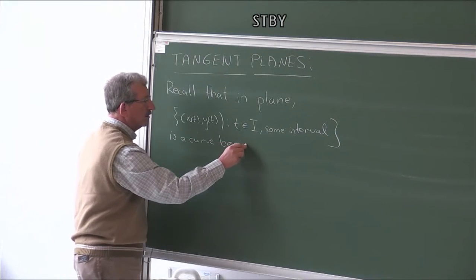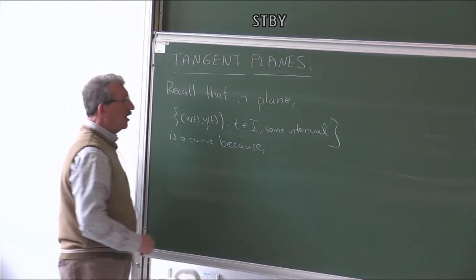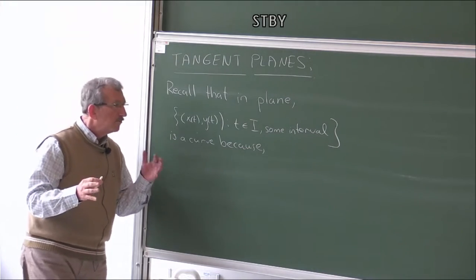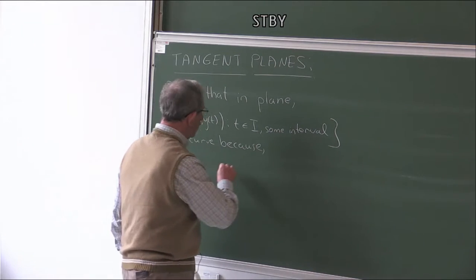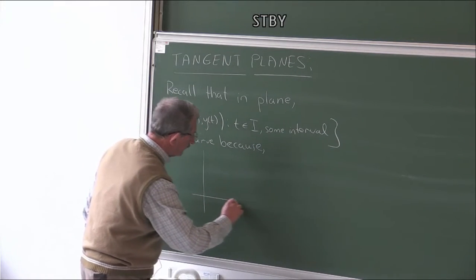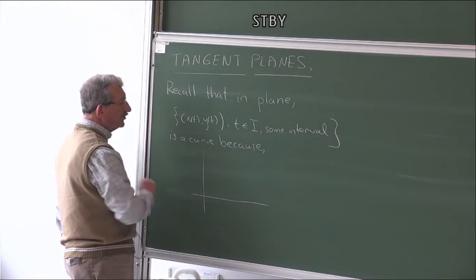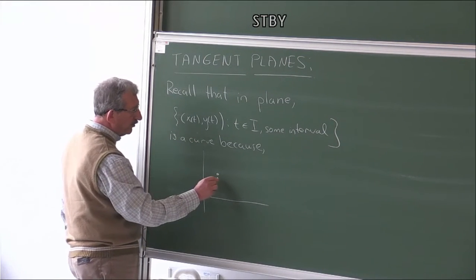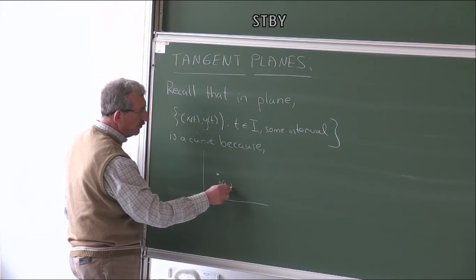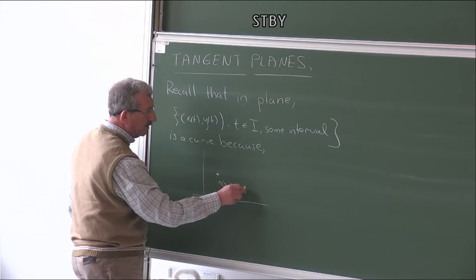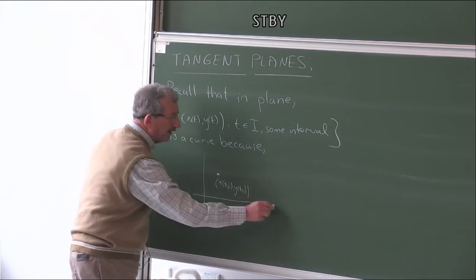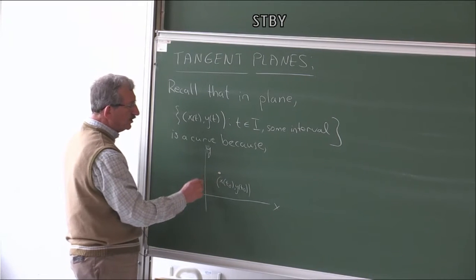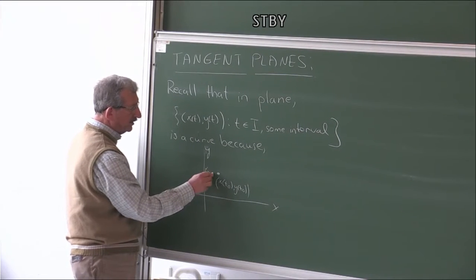You can think of t as something like time. So this gives you the following. At t0, at some point, you have x of t0, y of t0, which is a point in the plane.